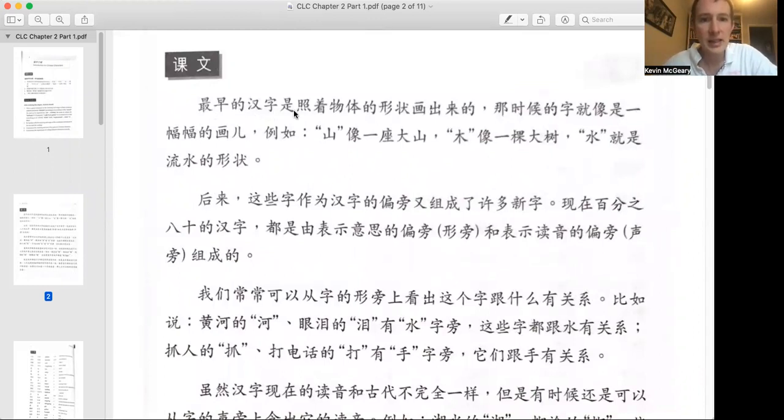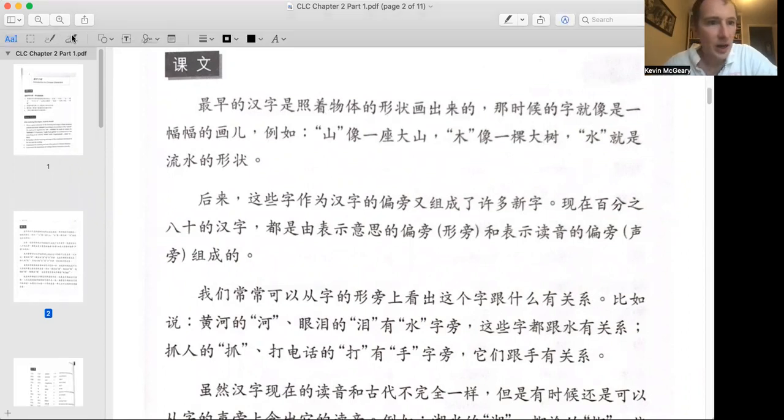最早的汉字是照着物体的形状画出来的，那时候的字就像是一幅幅的画。So this is most books are published in Beijing, so you can take or leave this character because it's just the Beijing accent, the pirate language. 画. In fact, in the rest of the country, you just say 画. 例如山像一座大山.